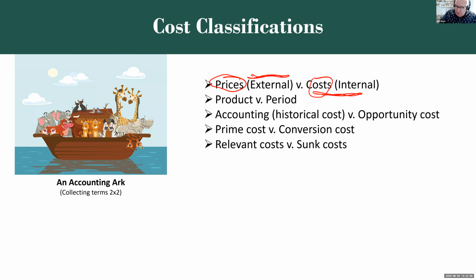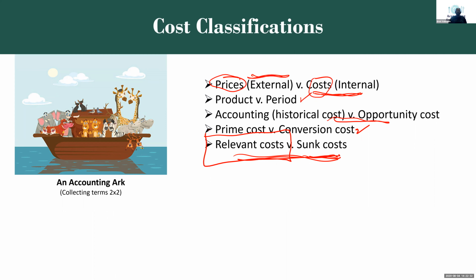Eric's already talked about product and period. That's another good comparison. Historical costs and opportunity costs, Eric kind of took us through this. He talked about sunk costs, but we didn't get a chance to talk about relevant. So what makes something relevant in terms of costs?